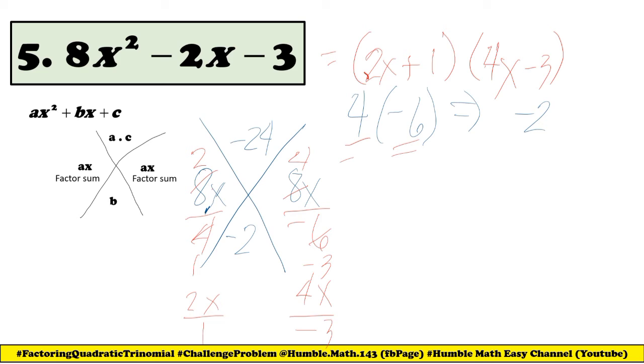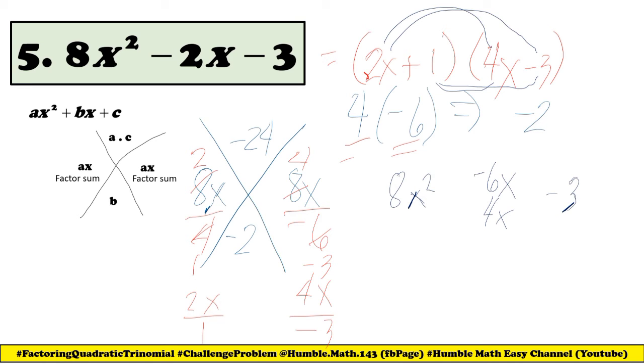So as we check it using the FOIL method, we have 2x times 2x, and we have 8x squared. 2x times negative 3, and we have negative 6x. 1 times 4x, and we have 4x. 1 times negative 3, and that is negative 3.